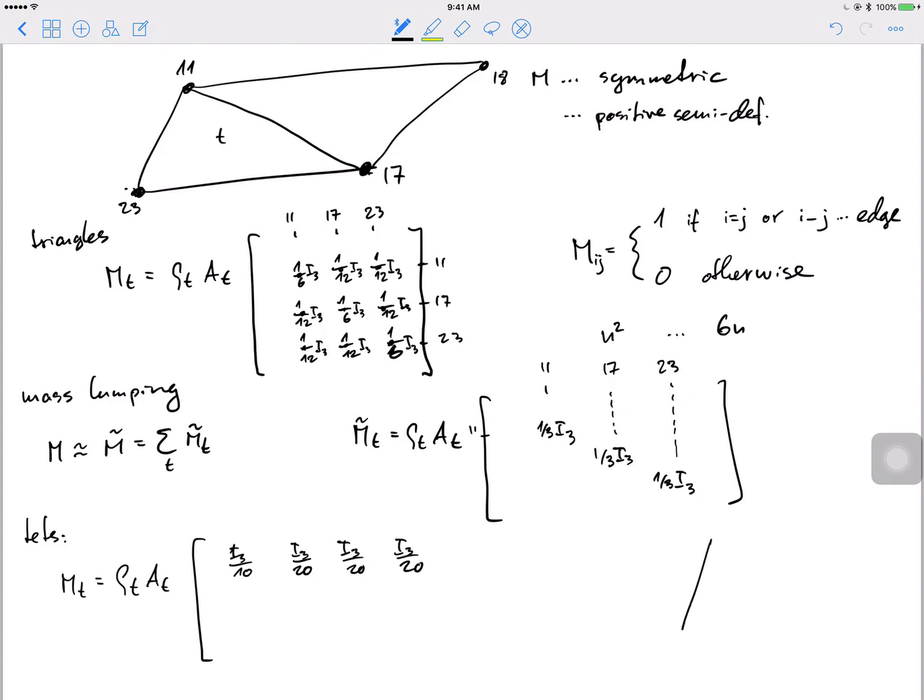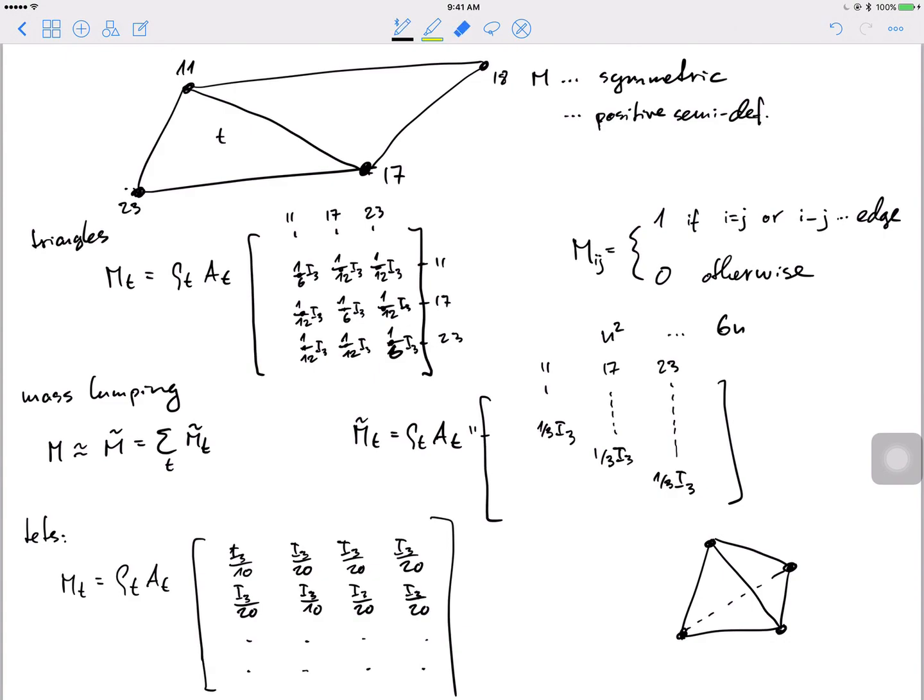Now we are talking about a tetrahedron, so it has 4 vertices, right? So now we have a 4x4 block, and again it would be I3 divided by 20, I3 divided by 10, I3 divided by 20, I3 divided by 20, and so on, okay? Same idea, slightly different values.